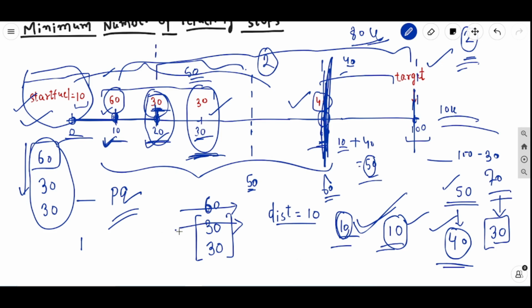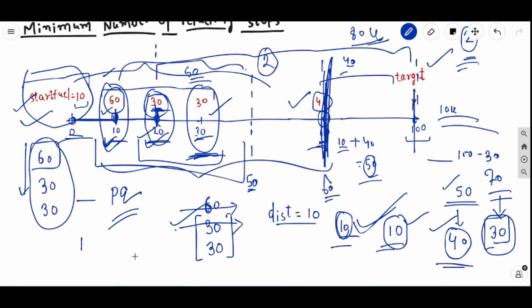Now pick up the 30 units, and definitely those 30 units will make up for these 30 miles which I have to travel. That means out of these three gas stations, choose the first one present at position number 10, and then choose any one from these two, and that will do our job.